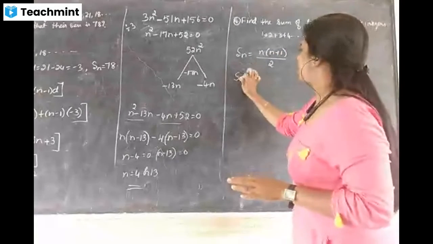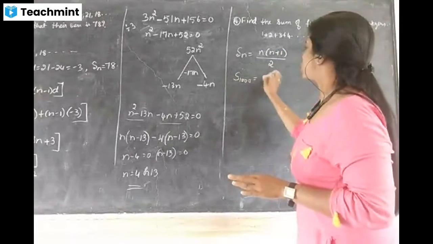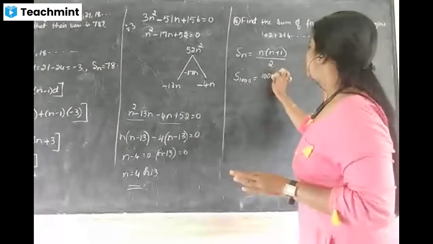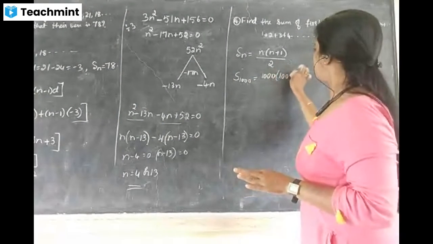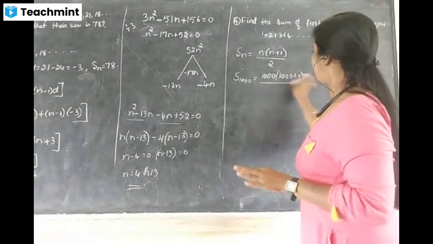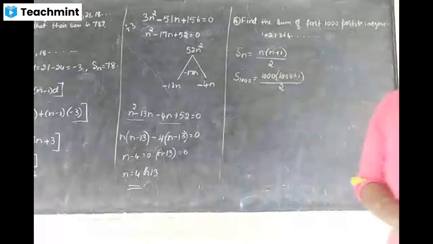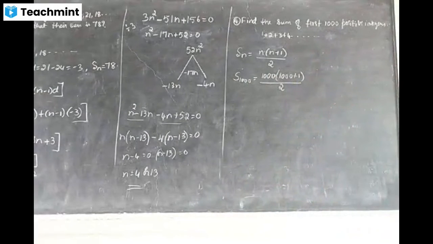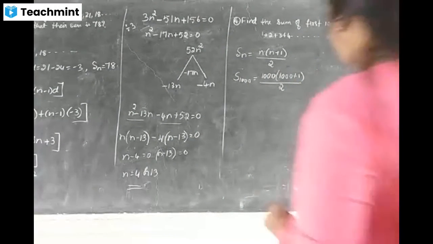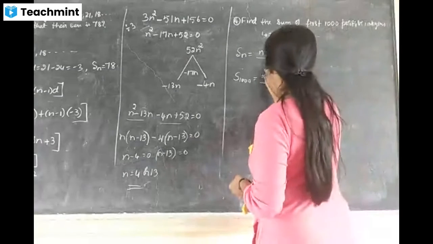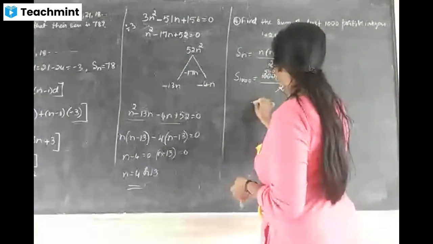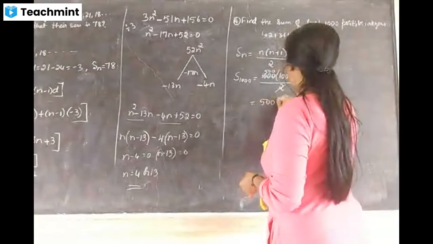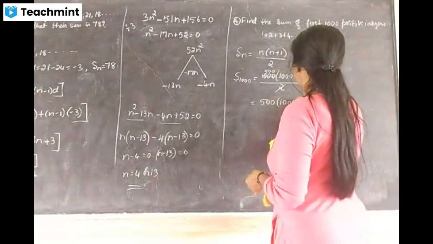1000 positive numbers they say. 1000 into 1000 plus 1 divided by 2. So, what is the answer? 500 sir. 500 into 1001.